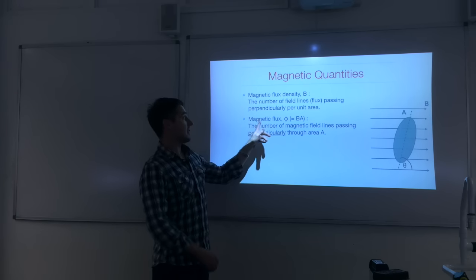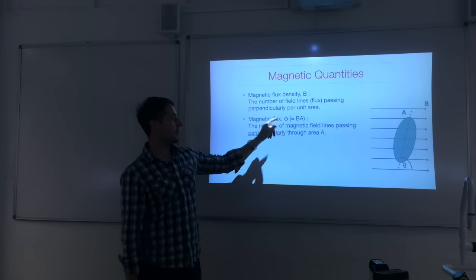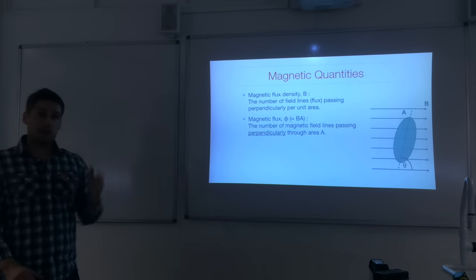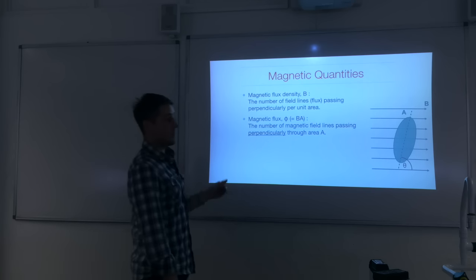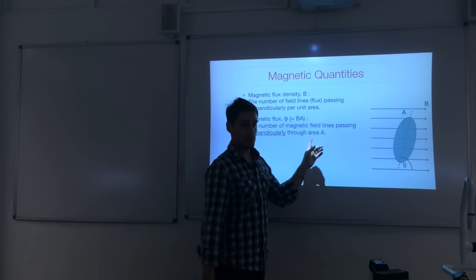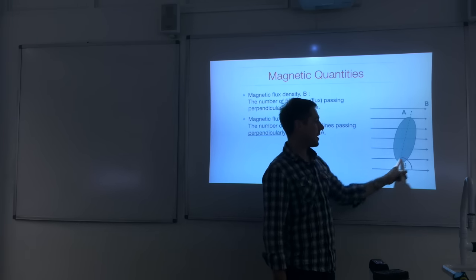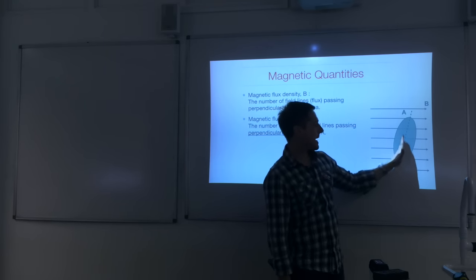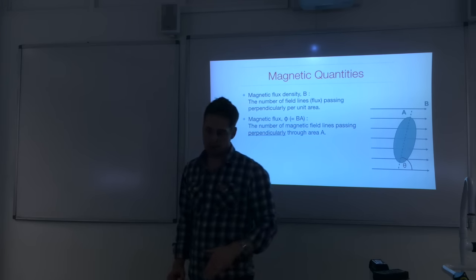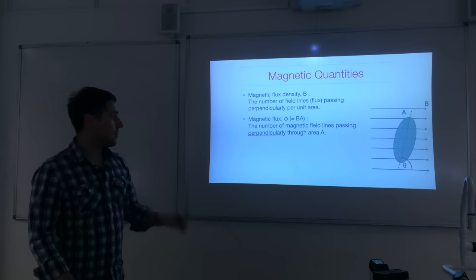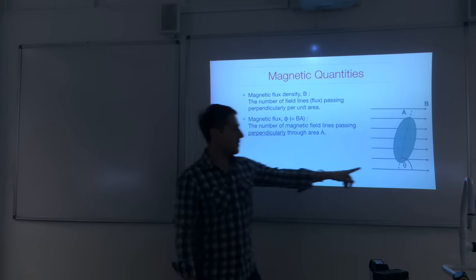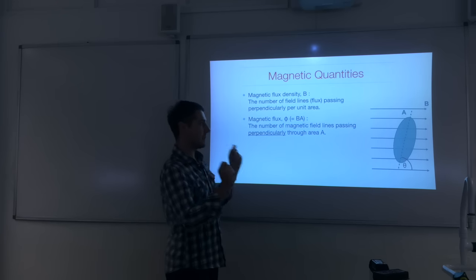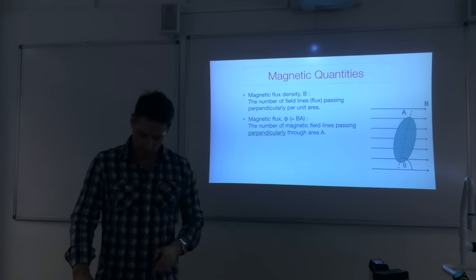Magnetic flux, so this is not flux density, but magnetic flux, which we give the Greek symbol phi. That's the number of magnetic field lines passing perpendicularly through a specific area A. So I've defined my particular area A here, and that plane is at an angle theta to B. If theta was 90, then the flux would be B times A. It's the magnetic flux density multiplied by the area that you have.